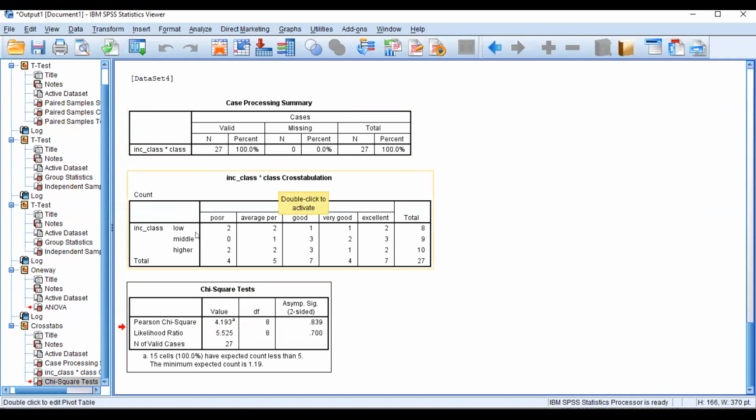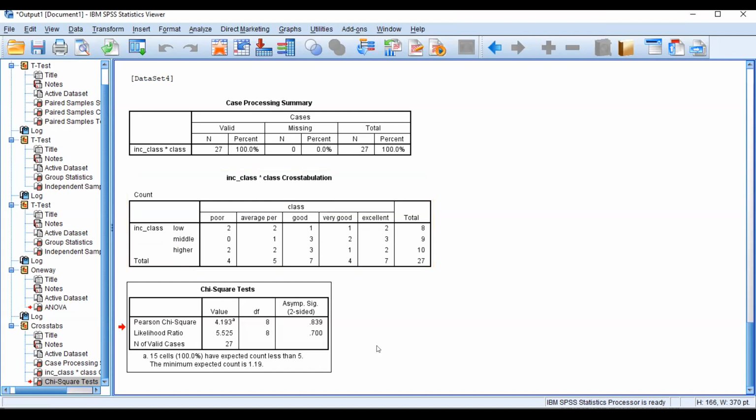Here we have poor, average, good, very good, excellent, and the categorization of that in counts. Like in class performance, students from the low class who have poor performance number 2, students from the low class having average performance are 2, and low category students having excellent performance are 2. In this way, they have given you the data set.